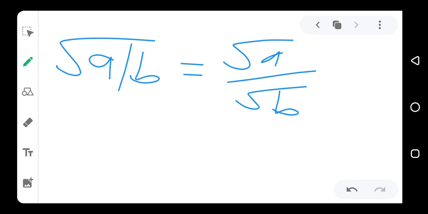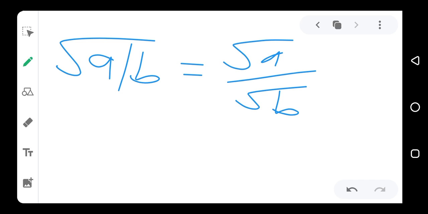And in division, we can also do the same thing. If you have a single root joining two numbers that are separated with division, we can separate two of them and each of them will have their own roots. But in addition and subtraction, you cannot separate them. You will solve everything inside the roots.